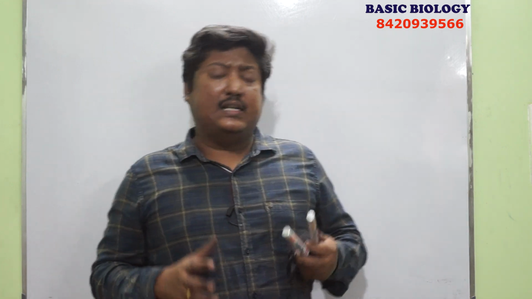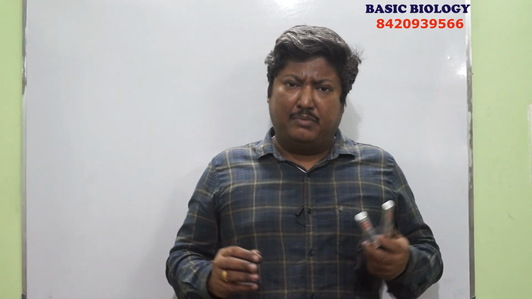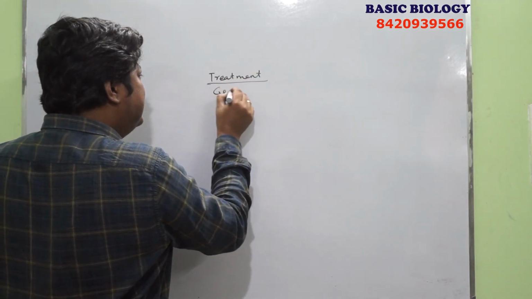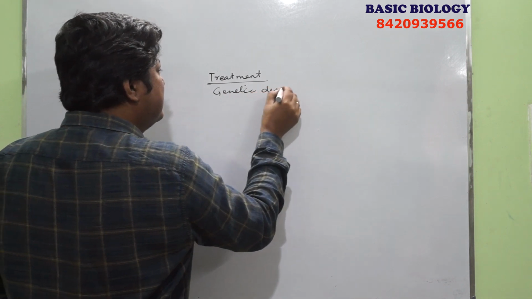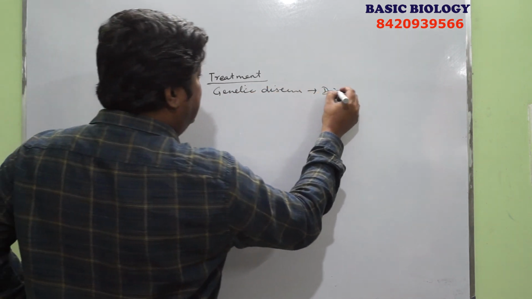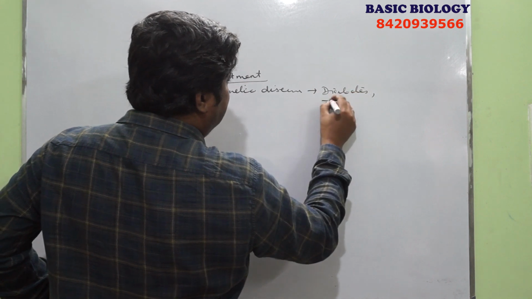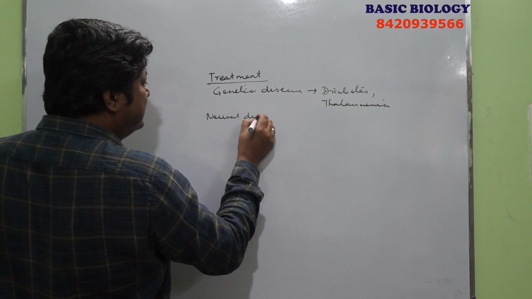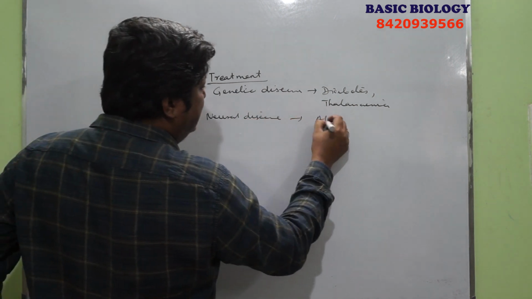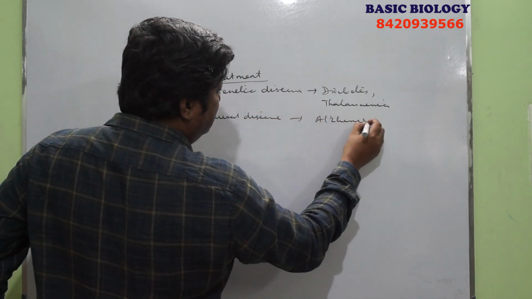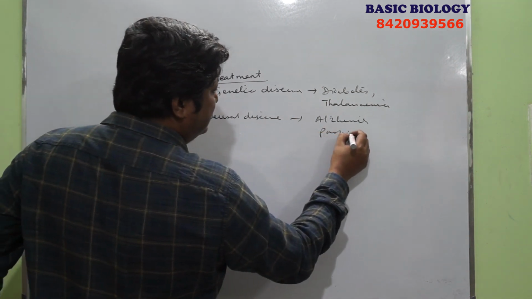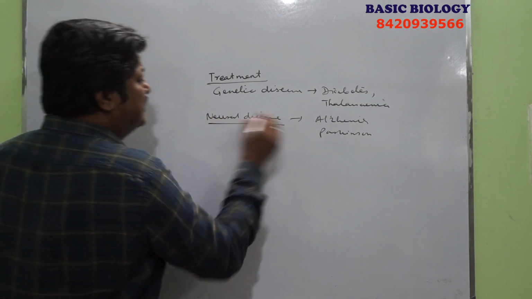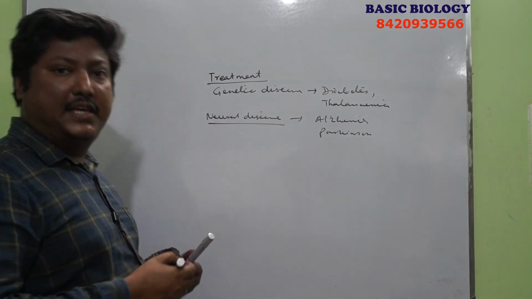Now stem cells are used to treat different kinds of disease, mainly the genetic disease, say for example diabetes, thalassemia, or the neural disease, say for example Alzheimer, Parkinson. Different kinds of disease are treated using the stem cell therapy.